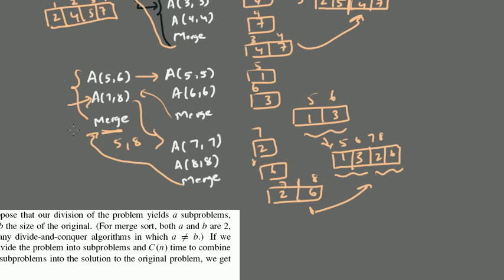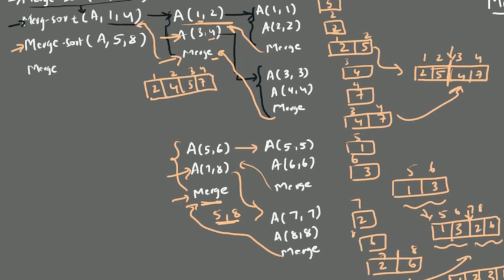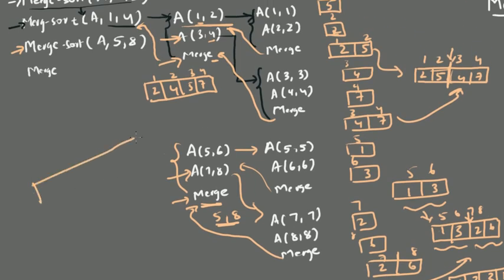Now when I merge from 5 through 8 with this as my center point, I mean at 6, I'd be looking at 1 3 and 2 6, and I'd be sorting them 5 through 8. So that would be, so my A from 5 6 7 8, when you're merging at this point, is 1 2 3 6.